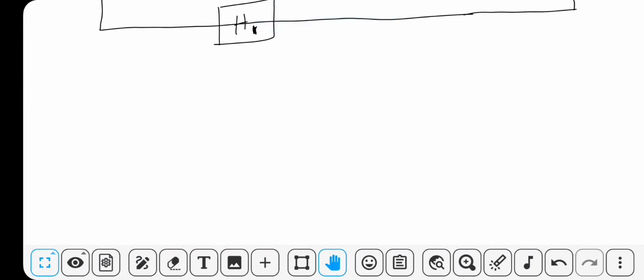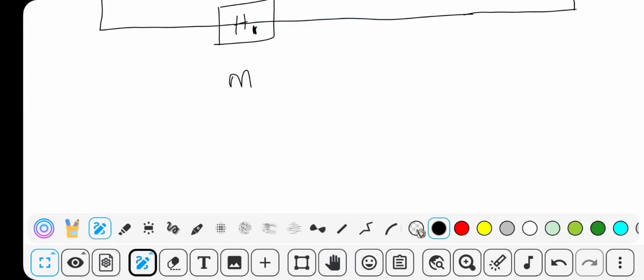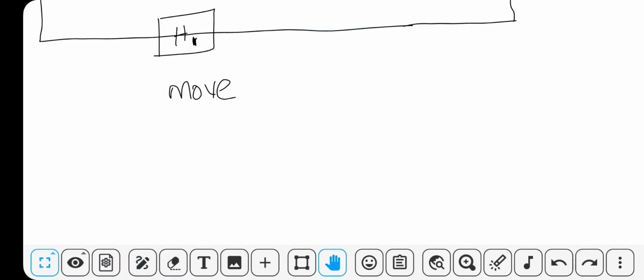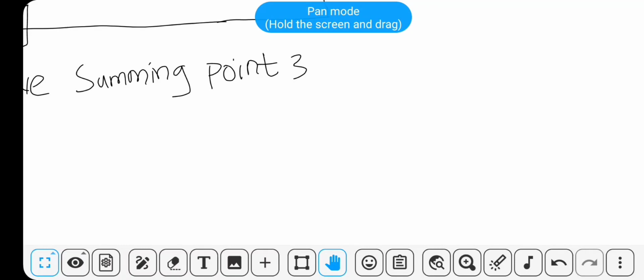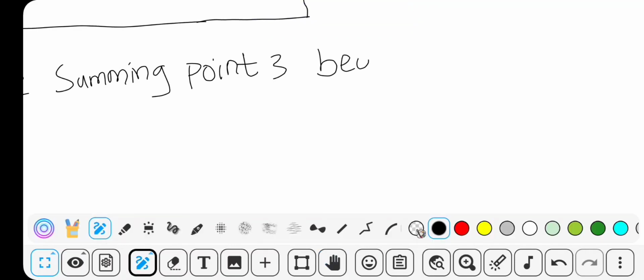Let's continue. So the next rule I'm going to apply is the rule for moving summing points. So we're going to move summing point 3 beyond G3.